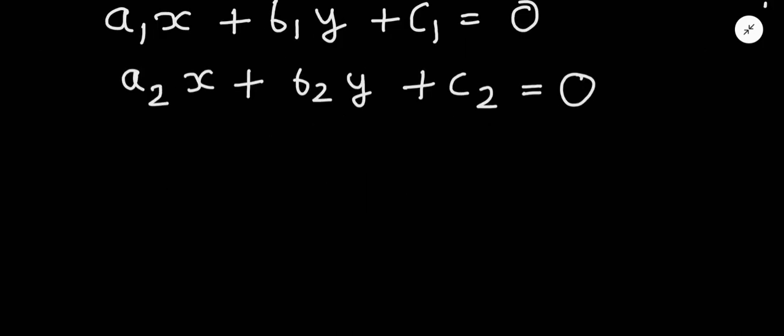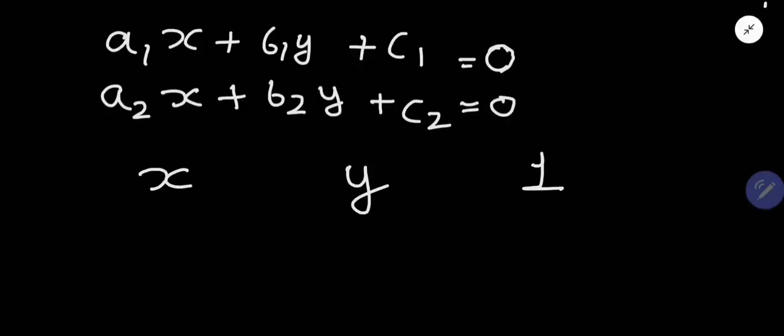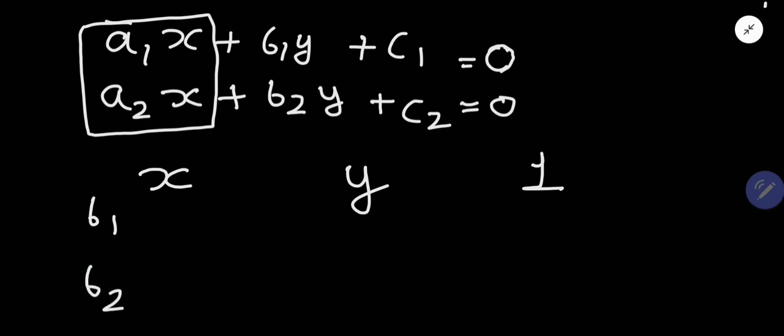There is a basic formula to solve linear equations by the cross multiplication method. What we will do is write x, then y, and then 1. When we solve for x, we will ignore this part and write b1, b2 and c1, c2.